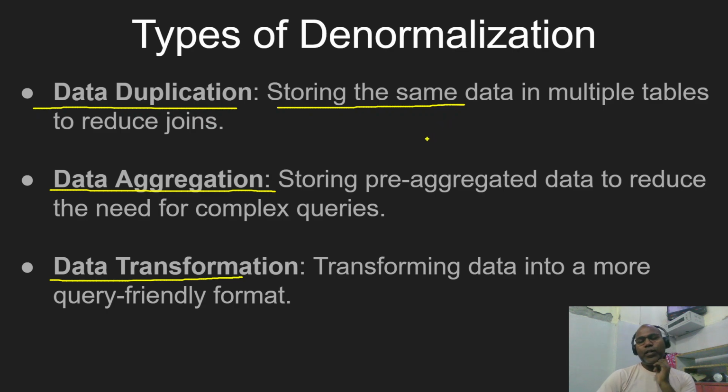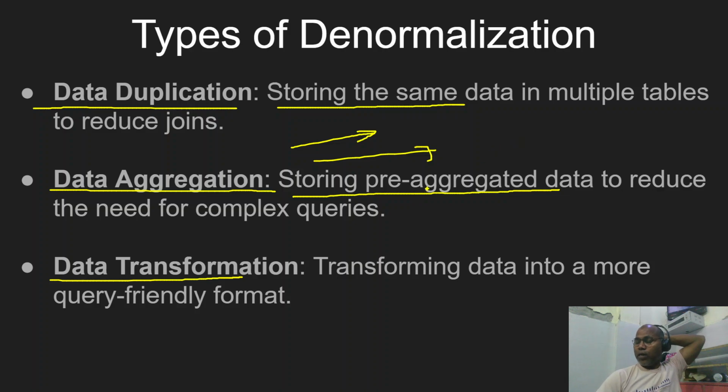Sometimes you also identify storing some pre-aggregated data. So for a specific request from the customer that always requires some calculated data, the denormalization process says, let's store the pre-aggregated data so that at runtime we do not have to aggregate with a complex query.